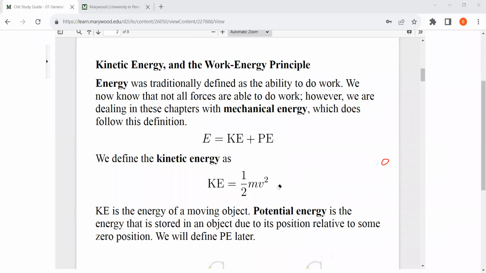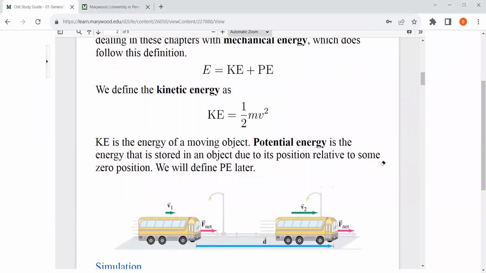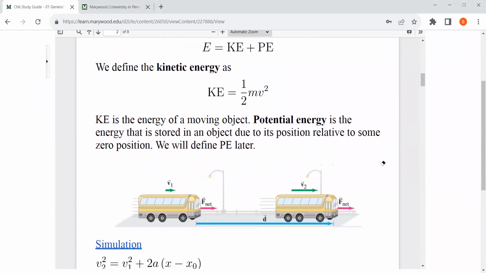Potential energy we'll be learning later, but let me just briefly define it. Potential energy is associated with the position of the object. For example, first we'll be learning about the gravitational potential energy, which is connected with the height of the object. You will see it is related to the height of the object.